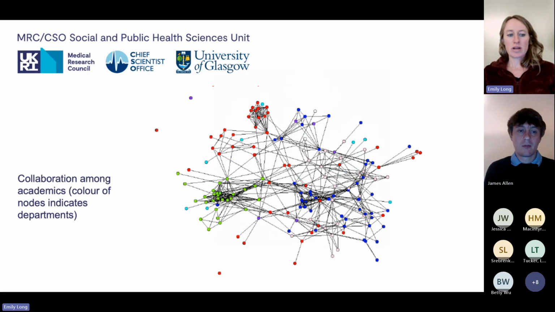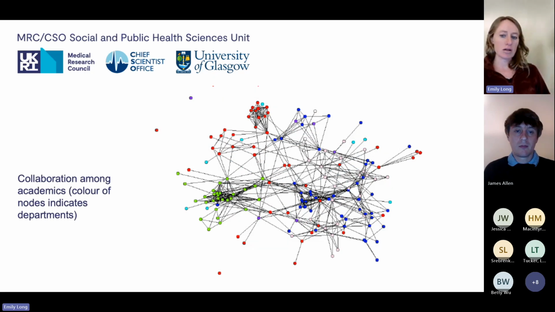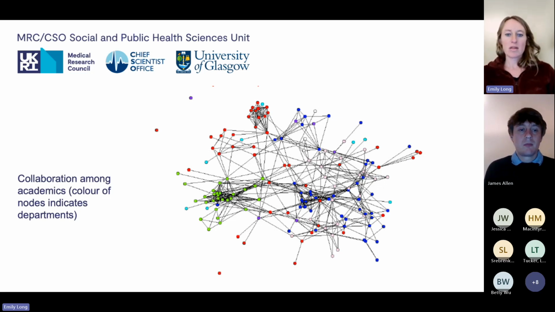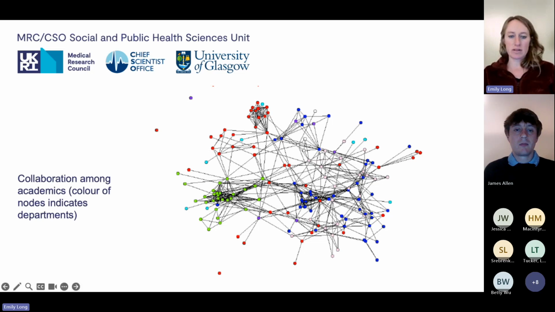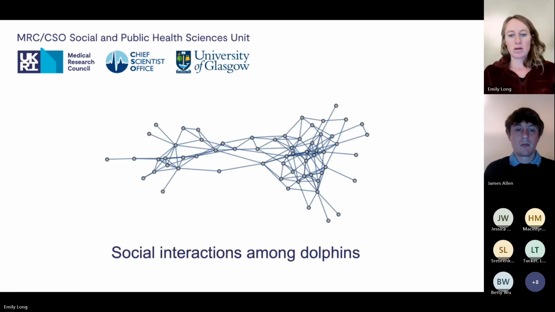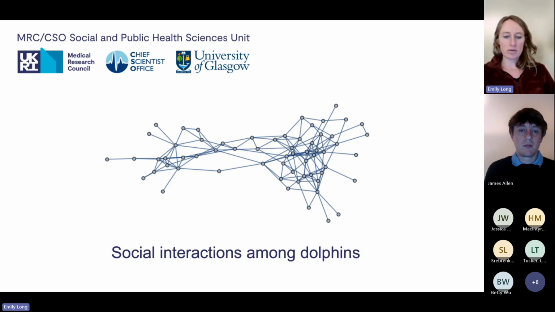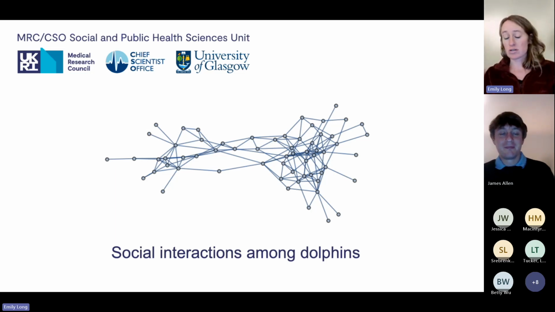You can also look at collaboration amongst a team. In this case, academics, where the nodes are colored by the department they are part of. You can see clusters of this red department, this green department, and blue department, and see how people collaborate with each other. You can also have animal networks. This is a social network of dolphins, which is not my research.